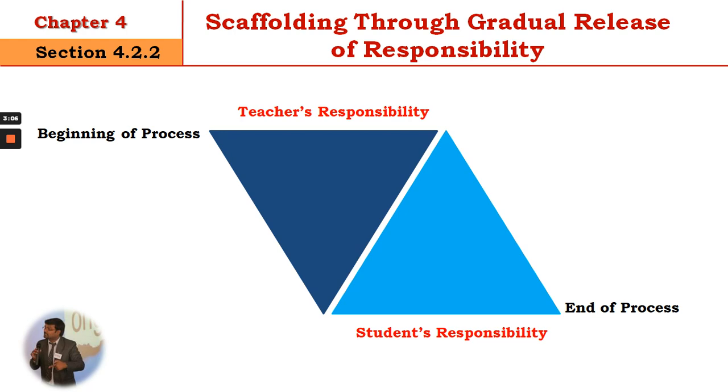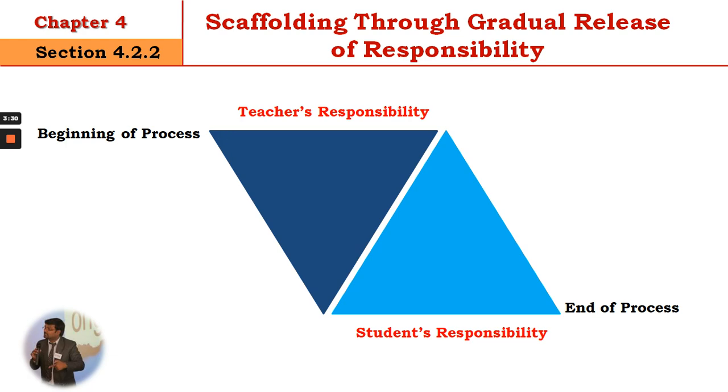At the beginning of the process, or in the initial stages of learning of a particular activity or concept, the teacher's responsibility is maximum and the student's responsibility is minimum. You can see the width of the inverted pyramid and the top of the normal pyramid for the student's responsibility.